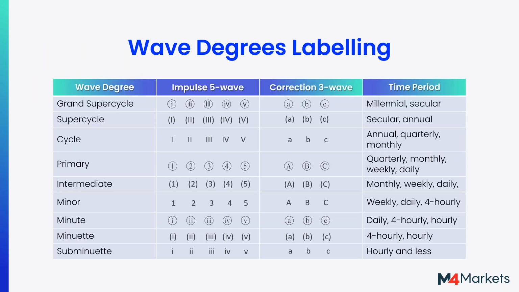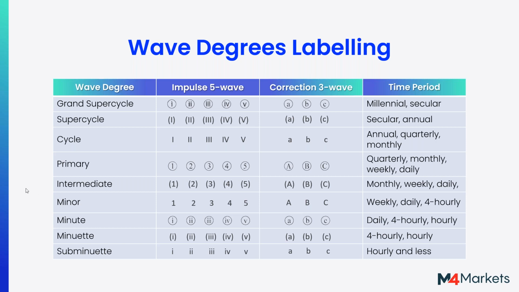Okay, this is the wave degrees labeling that we know today for each of the time periods. They have their own symbols, so they are easily identifiable. The reality is that, including myself, of course, today Elliotticians use color coding as well because it is easier to see on the chart.